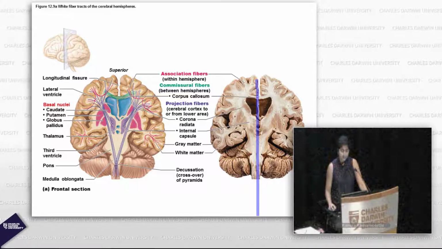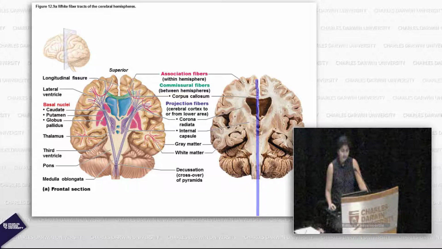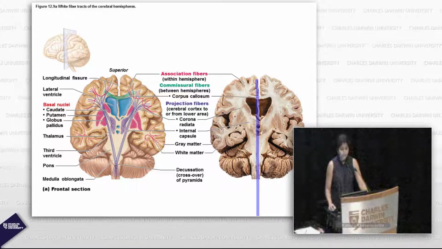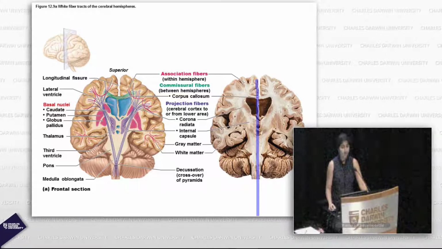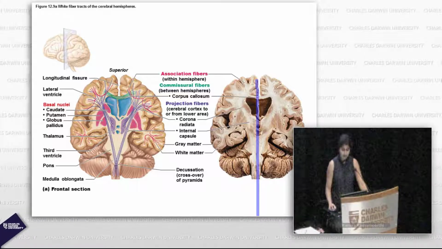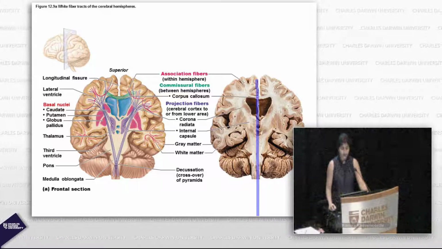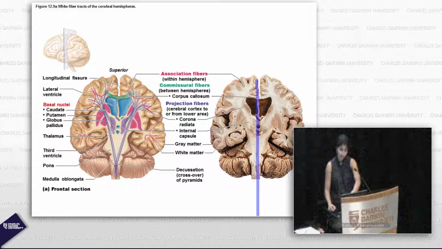Then we have the projection fibers, which have a little bit more complex function. These projection fibers connect to lower areas as well. So this is a sort of communication with the other areas of the brain.